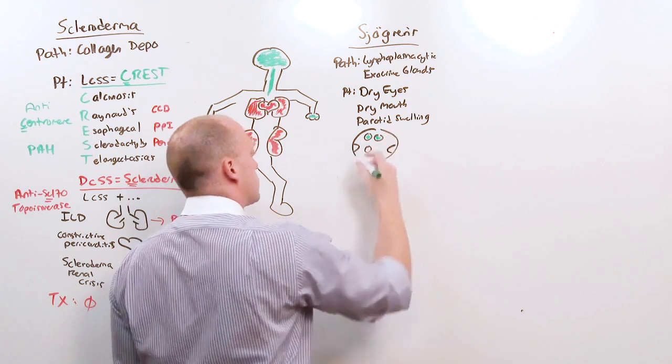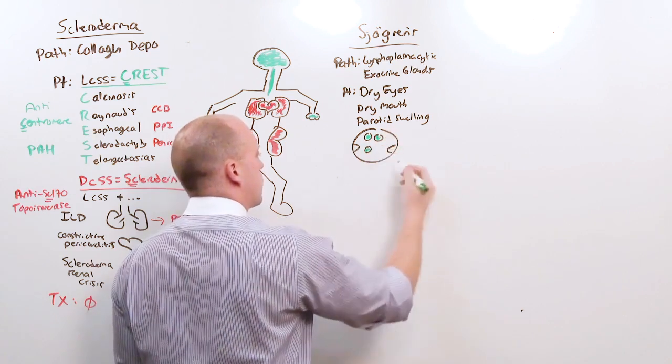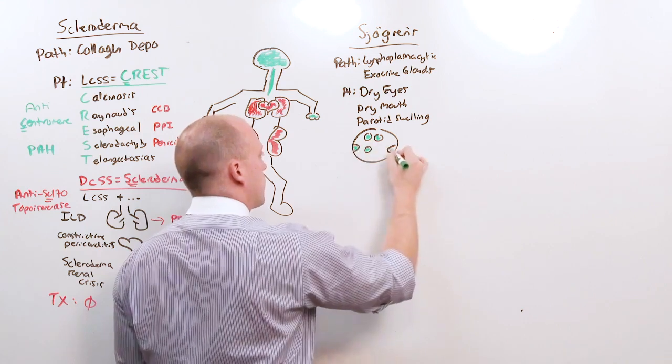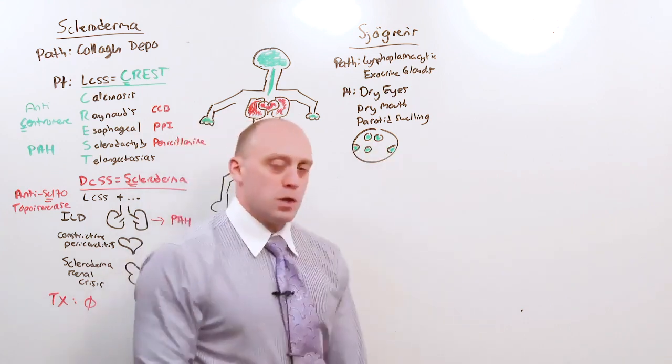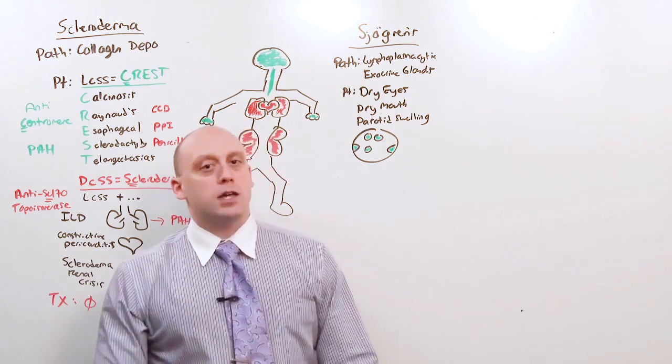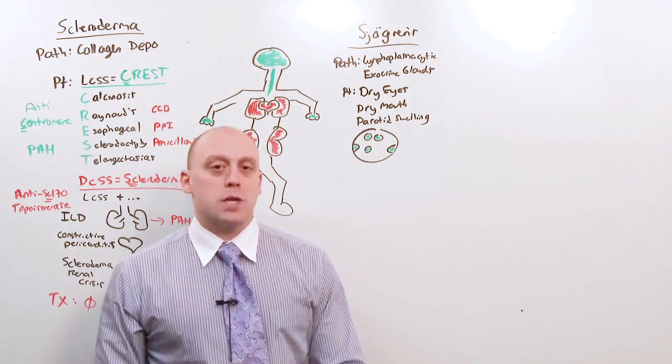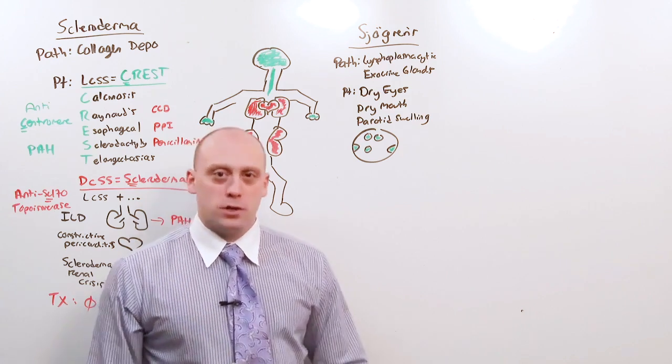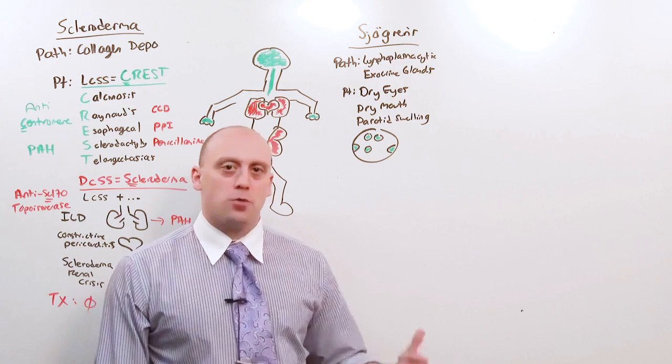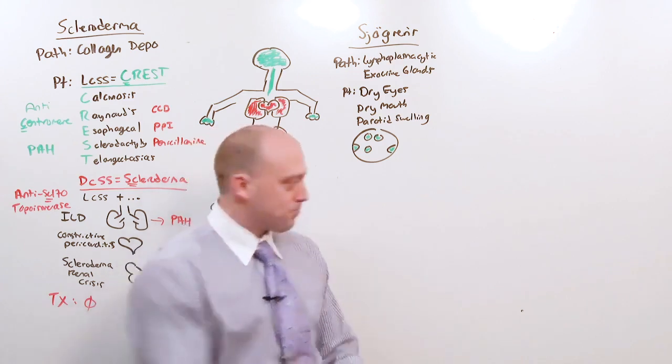Keratoconjunctivitis sicca, dry eyes, xerostomia, dry mouth, parotid swelling. It is possible for there to be an extraglandular form, which is associated with arthritis. I don't want you to learn that. Learn this: dry eyes, dry mouth, parotid swelling, Sjogren's syndrome.